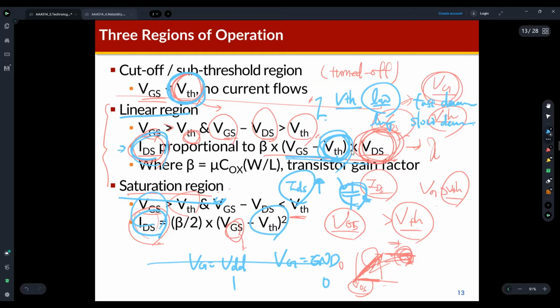Which means that if we reduce the threshold voltage, VTH, then we can make very fast devices. It was true.